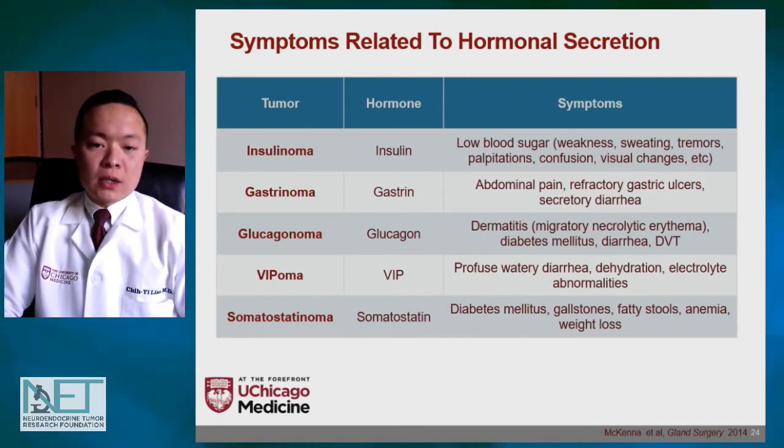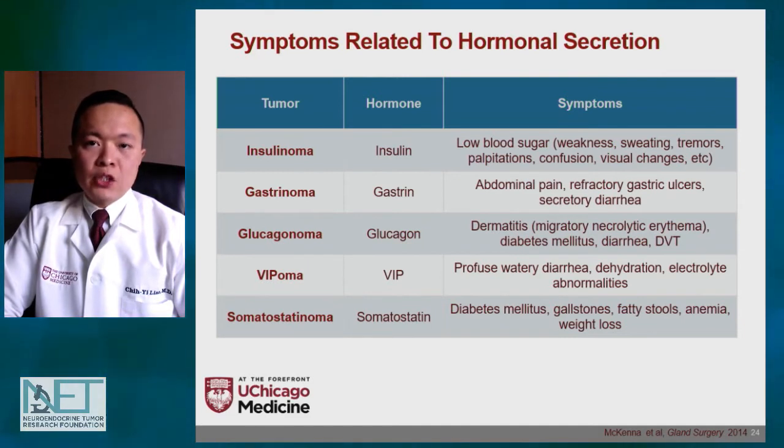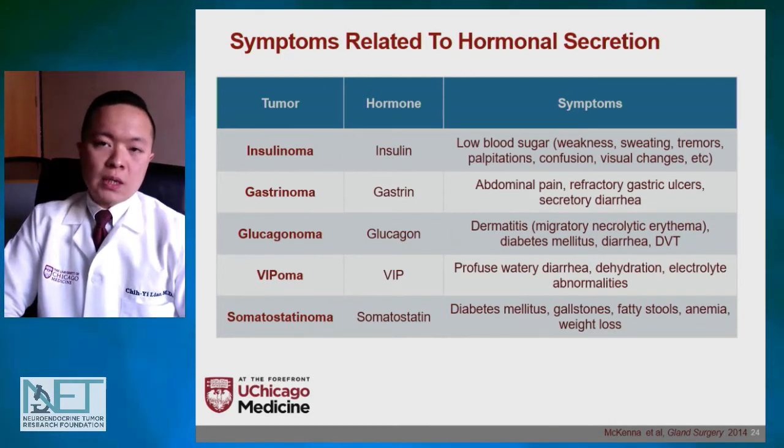Patients who have glucagonomas can have a special type of rash, a dermatitis called migratory necrolytic erythema. They can have diabetes, diarrhea, and blood clots. Patients who have VIPomas get profuse watery diarrhea, and as a consequence can get dehydration and severe electrolyte abnormalities. And finally, patients who have somatostatinomas can get diabetes, gallstones, fatty stools, and weight loss.